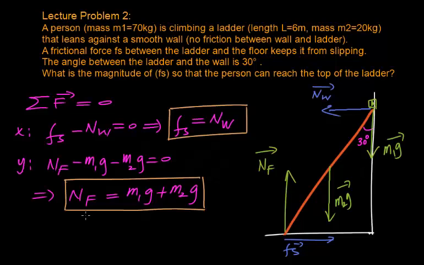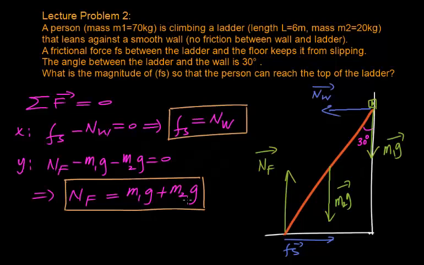Notice that the normal force of the floor equals M1g plus M2g. Since M1, M2 and g are constants all the time, the normal force of the floor, regardless of where the man is located on the ladder, is always going to stay the same.